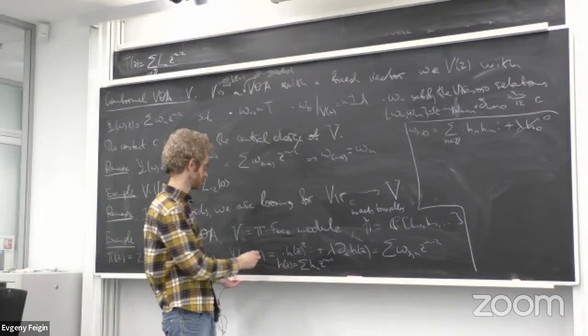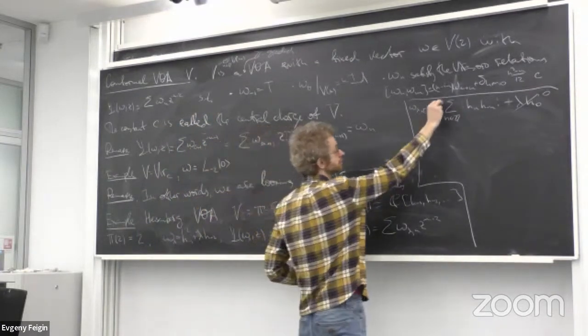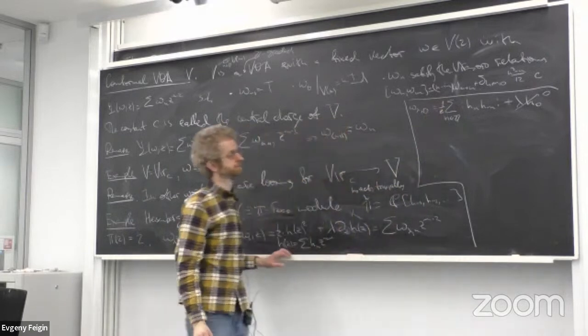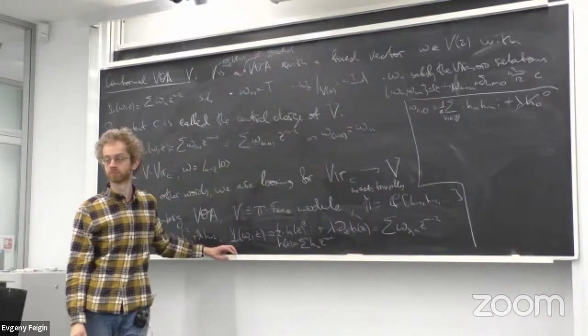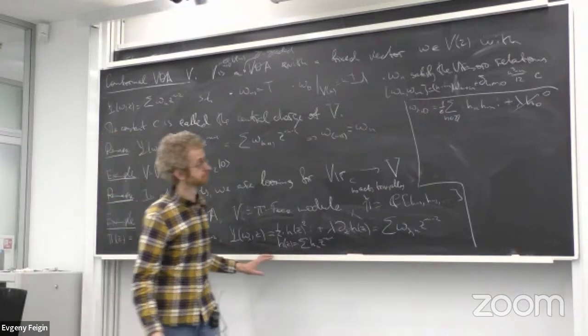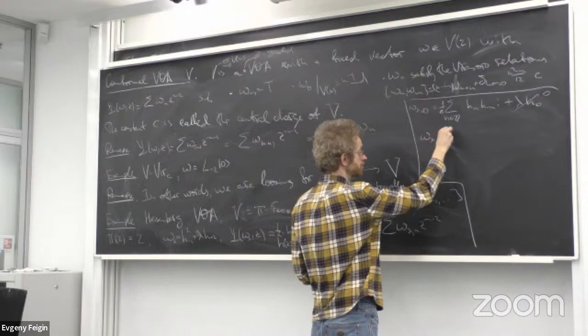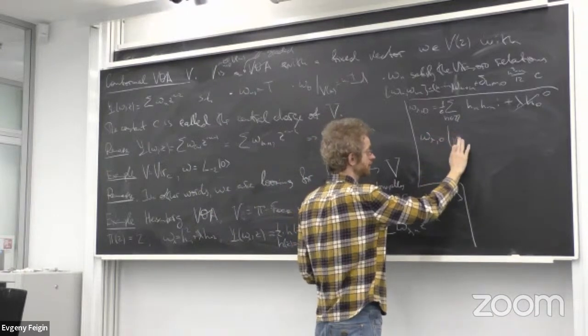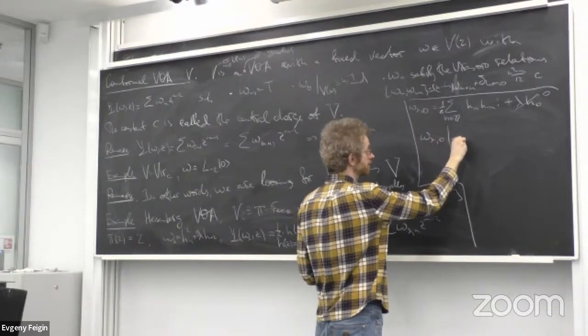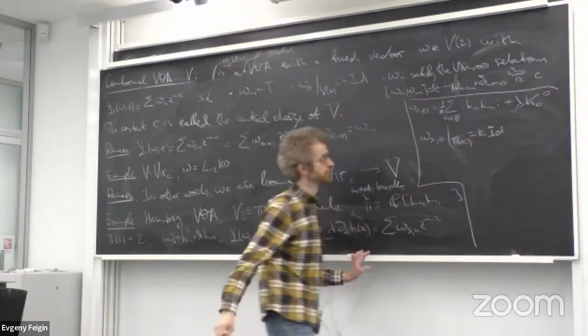Oh, maybe I should put 1/2 here to make it correct. We want actually to understand that if we restrict it to pi k, this gives us k times identity. So is it true?